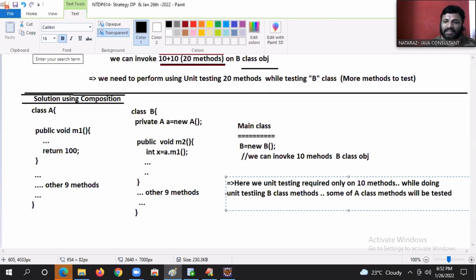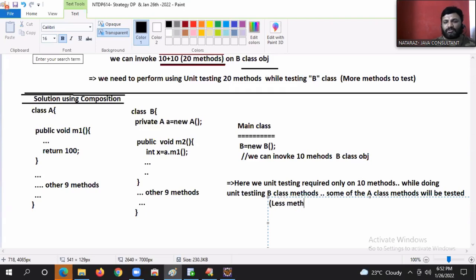I think the burden on the programmer is reduced or not? Less methods to involve in unit testing, guys.